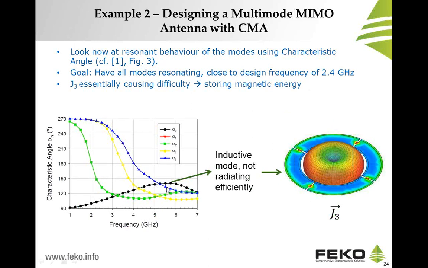As I mentioned at the onset of the presentation, the characteristic angle as a function of frequency tells us where a particular mode resonates, and that happens when the curve crosses 180 degrees. As you can see on this graph, this black line, which is the characteristic angle associated with mode J3, the inductive mode, does not cross this line at all. In fact, it remains below 180 degrees.